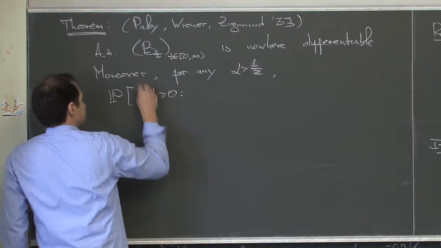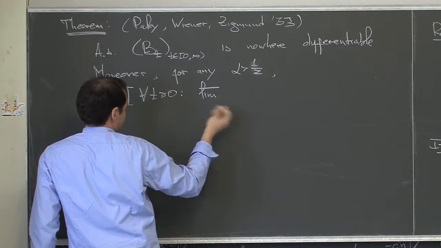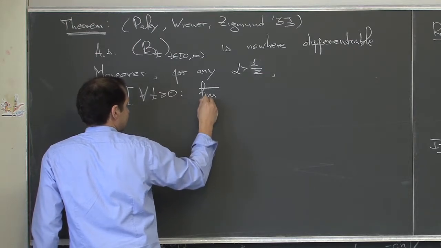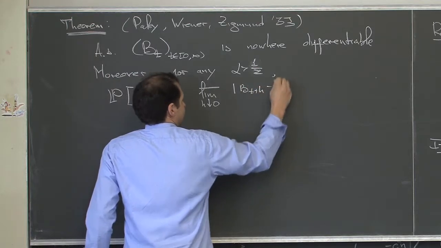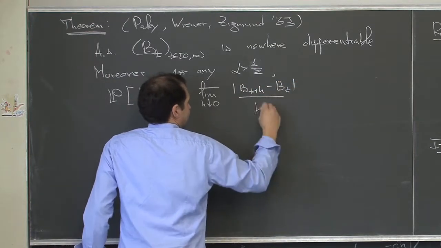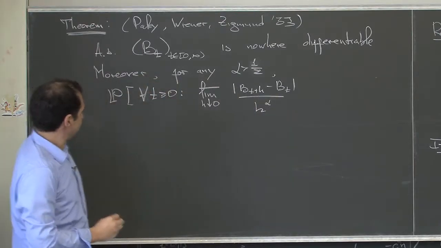So let me put it: for any t, the upper limit when h tends to 0 of |B(t+h) - B(t)| over h to the alpha is infinity.